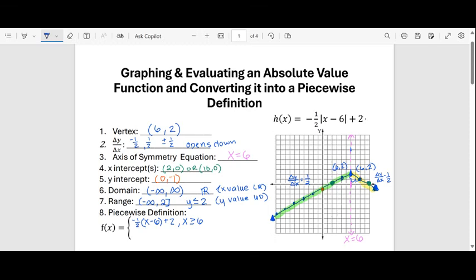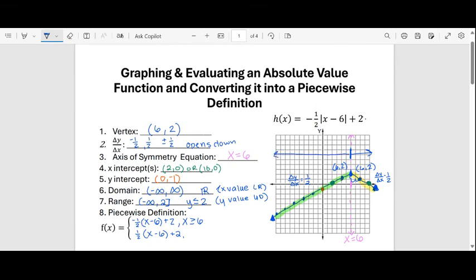Since instead of having a negative 1/2 slope, we have a positive 1/2 slope, all we have to do is write 1/2, same exact numbers, so (x - 6) + 2, but then we have to say when this equation exists. We already have an equation for when x equals 6 and when everything is bigger than 6. But we don't have an equation for when everything is less than 6, right?